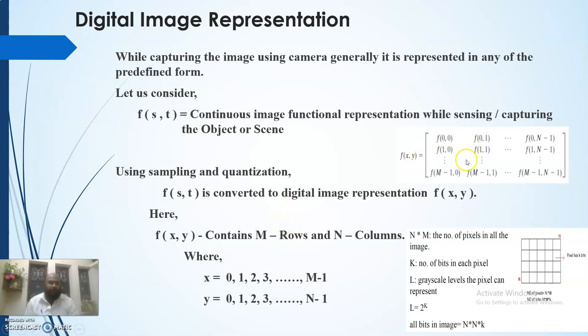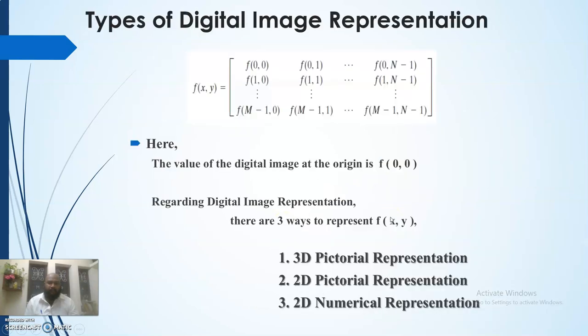So it can be represented in three ways. The converted digital image can be represented in three ways. One is 3D pictorial representation, next one 2D pictorial representation, and third one 2D numerical representation.